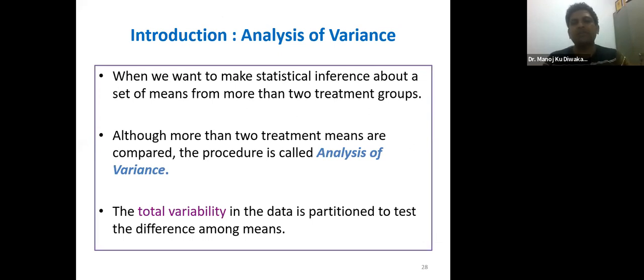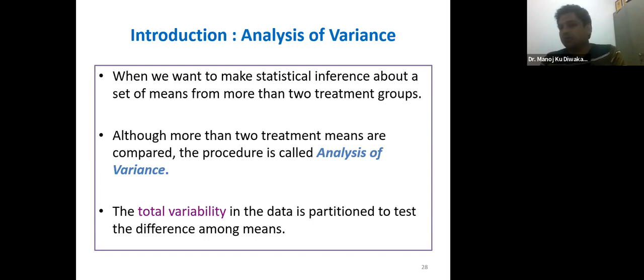Now I can go ahead with the next part, that is the analysis of variance. Analysis of variance is the next part after the t-test. Here we will have more than two samples. So far we have had two samples, JNU and DU.